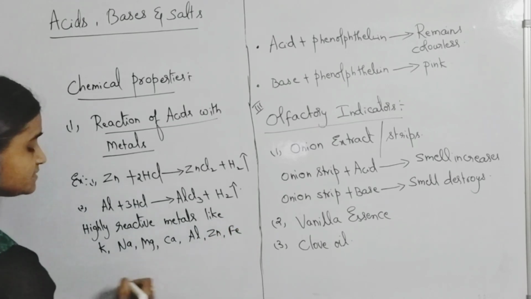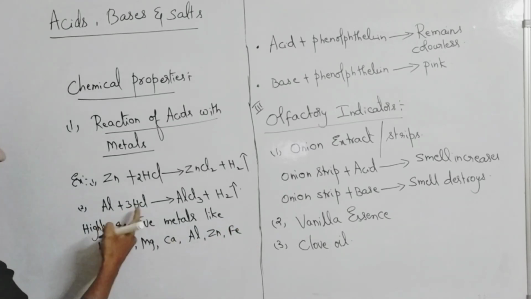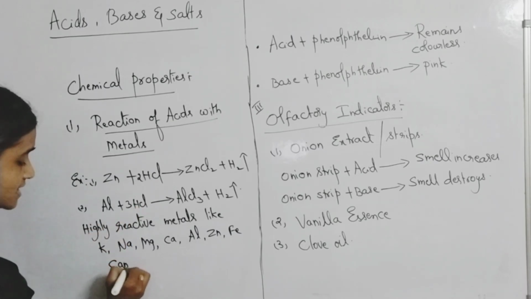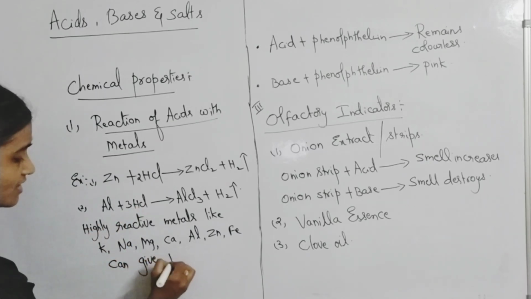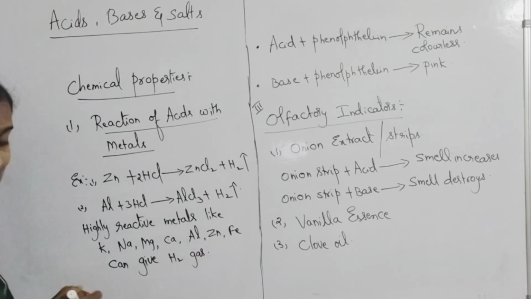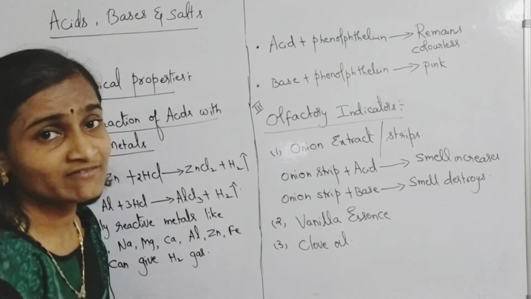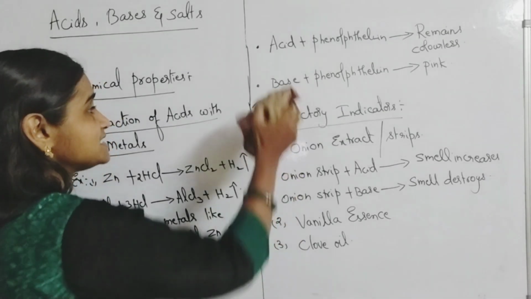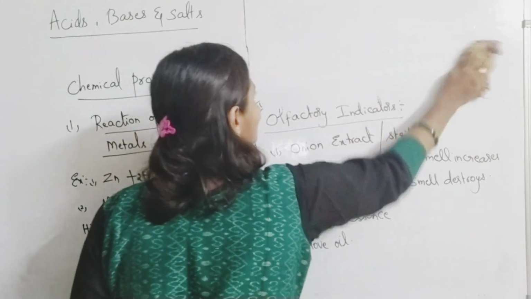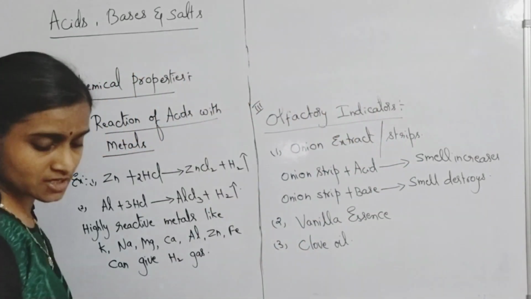These metals can replace hydrogen; they are more reactive than hydrogen and can give H2 gas. But if you take the least reactive metals like gold, silver, platinum, and they are dropped in acids, you will not find the liberation of hydrogen gas.